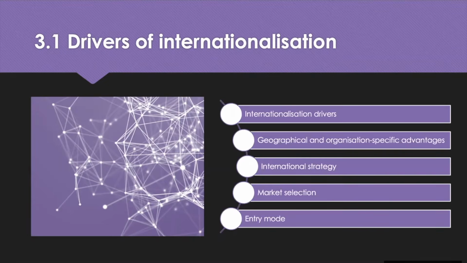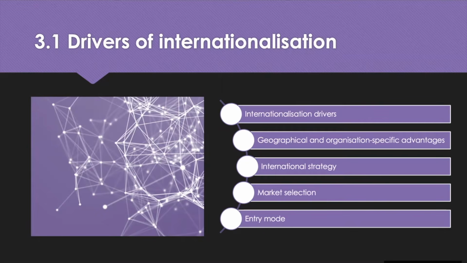You've got the internationalisation drivers, and these are the forces that lead an organisation to seek international strategies. Then the geographical and organisation-specific advantages, which can be realised through competing internationally. The drivers and the geographical and organisation-specific advantages need to be sufficiently strong to indicate an international strategy.